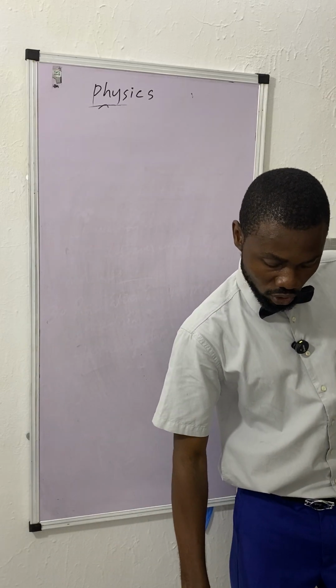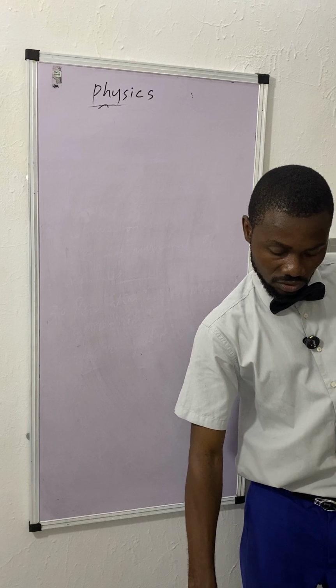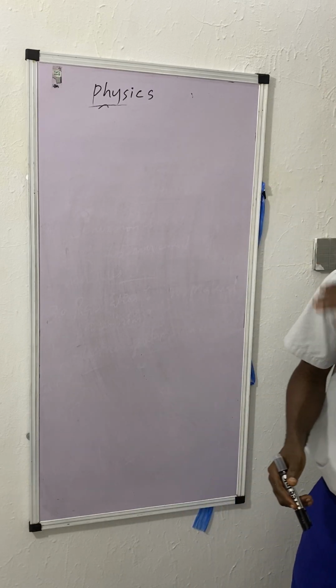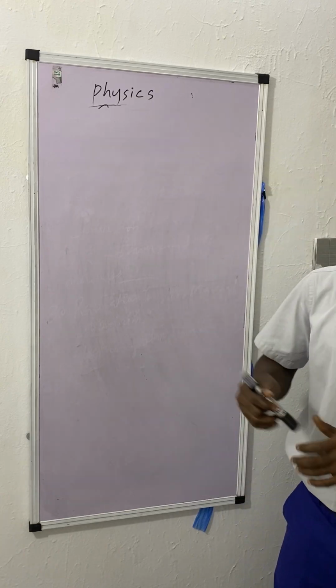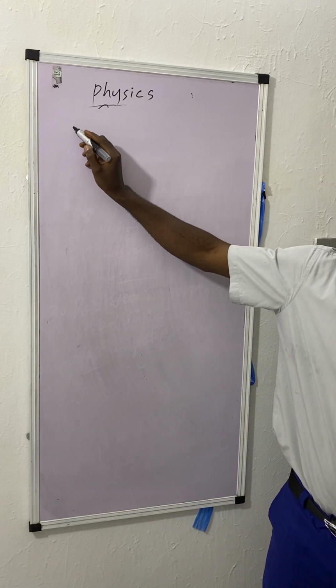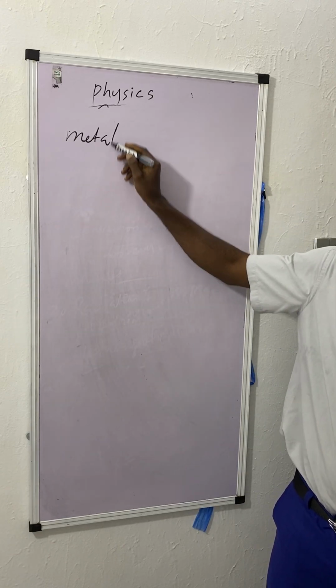Let's look at the final subtopic before we call it a night. Thermos flask. Conductors and insulators. What are conductors? Conductors are substances that allow transmission of electrons. They include metals, electropositive materials. Metals are good conductors, most metals.